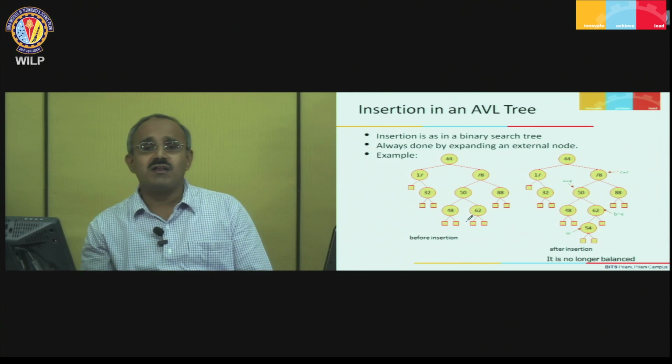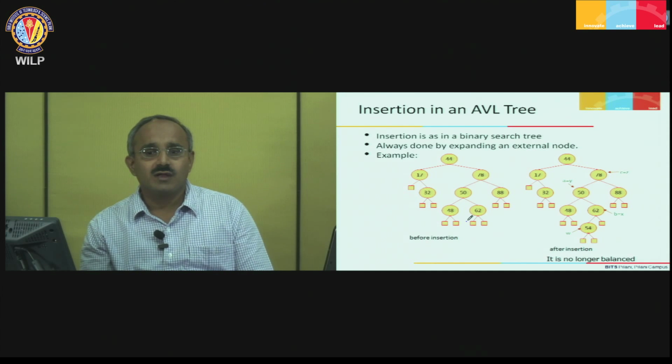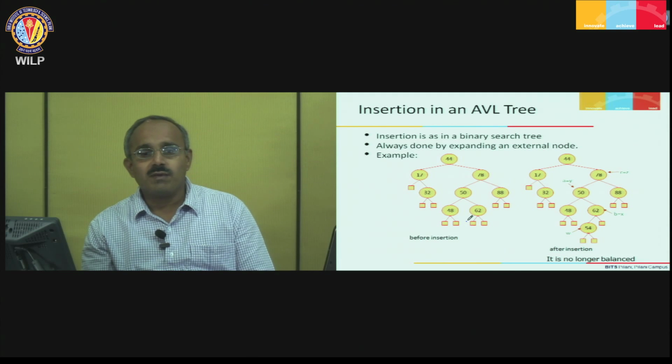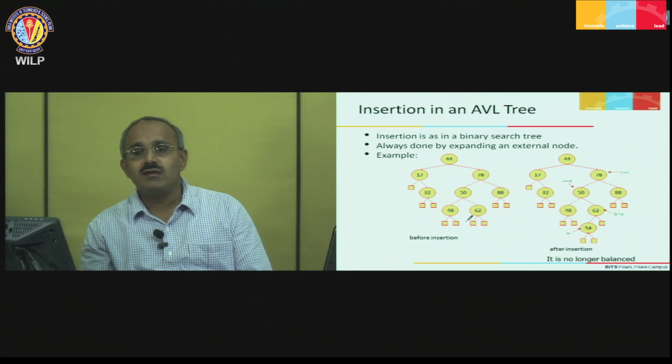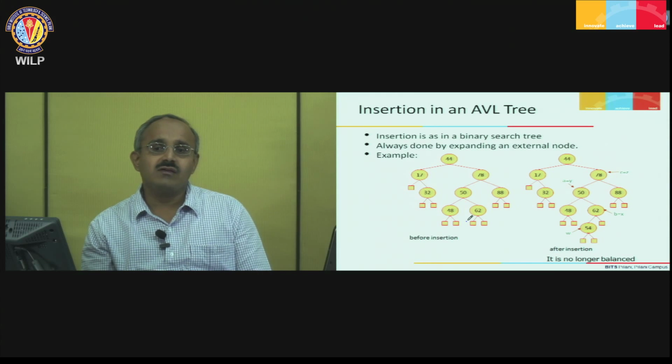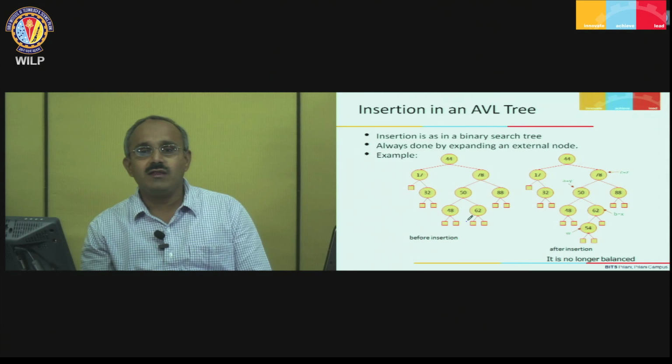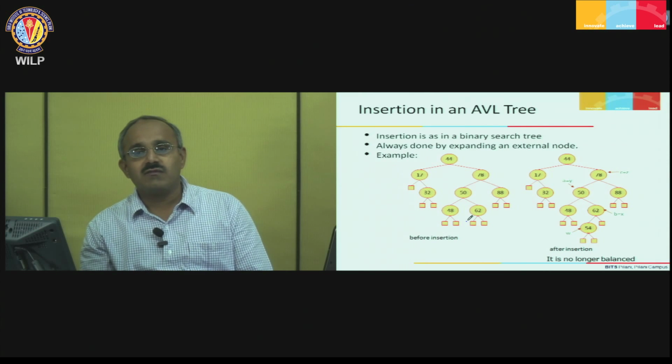So, we first compare it with the root. It is bigger than the root, so we go to the right subtree and compare with the root of the right subtree, which is 78. It is less than that, so we go to the left subtree, whose root is 50. It is bigger than 50, so we go to the right, where the root is 62. It is less than 62, so we will reach a null node.